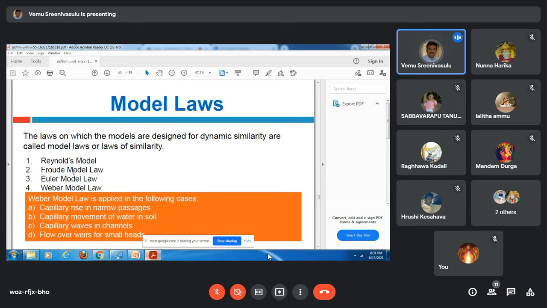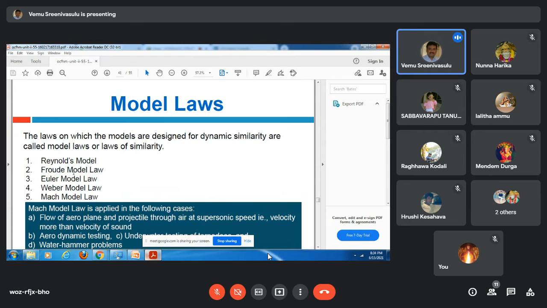For all these types of models, we use Mach's model law. Mach number applies to the flow of an aeroplane or projectile through air at supersonic speed, that is, a velocity more than the velocity of sound. If the velocity of an entity is more than the velocity of sound, it is called supersonic speed.